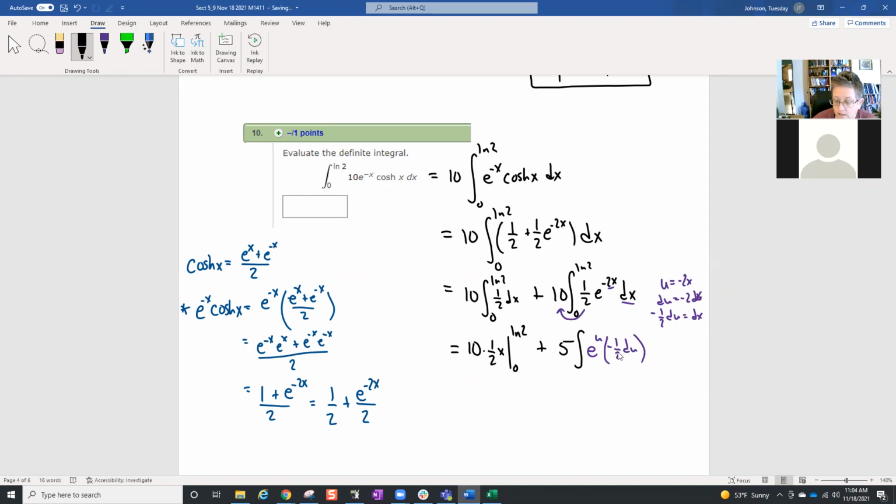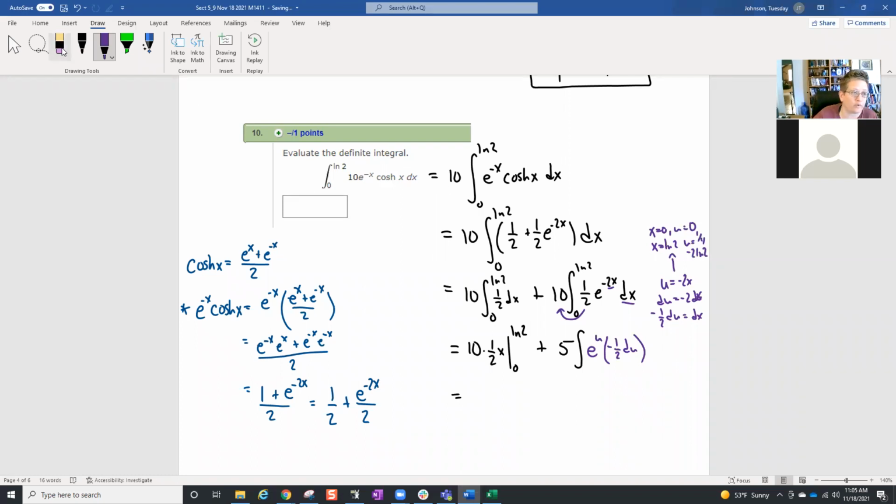All right, and we can do this. We're going to, oh, no, we're not finished yet, right? Because also, when x equals 0, u equals 0, but when x equals natural log of 2, u is negative 2 natural log of 2. But that actually happens to be 1/4. That's not true.